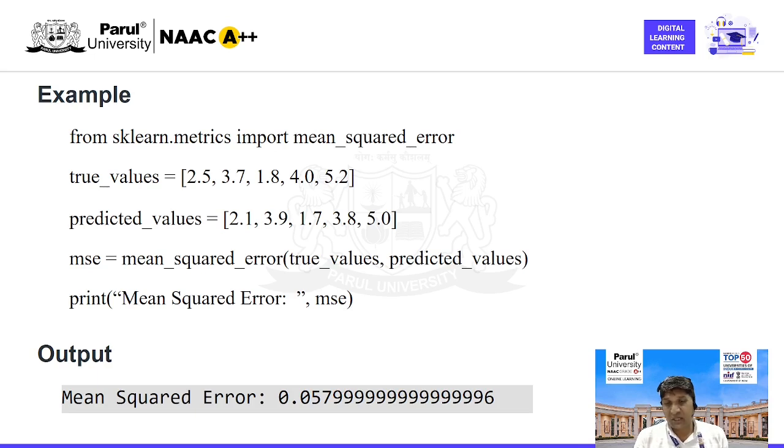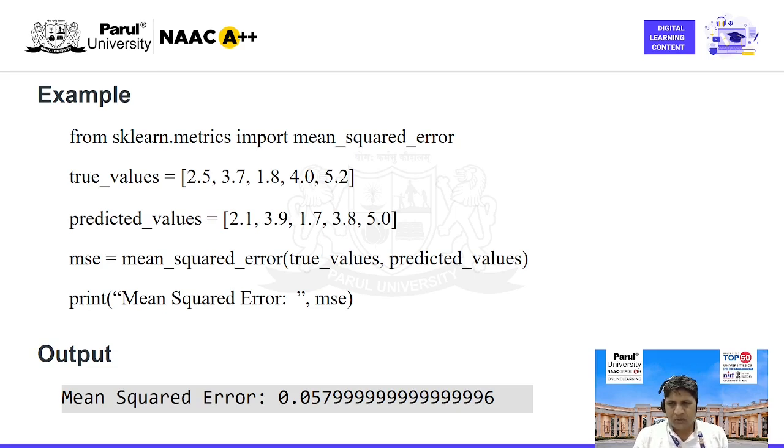These are the actual values. And the predicted values are 2.1, 3.9, 1.7, 3.8, 5.0. For MSE, we pass the true values as well as the predicted values as parameters to the mean squared error function.